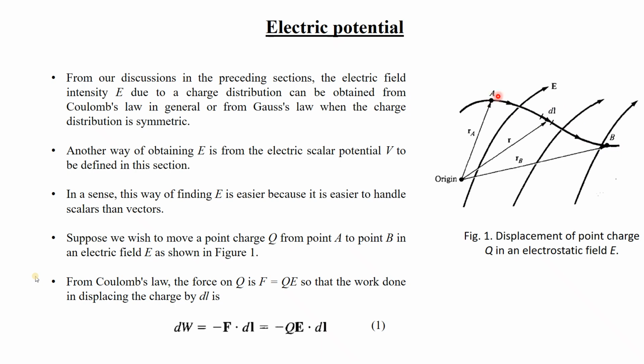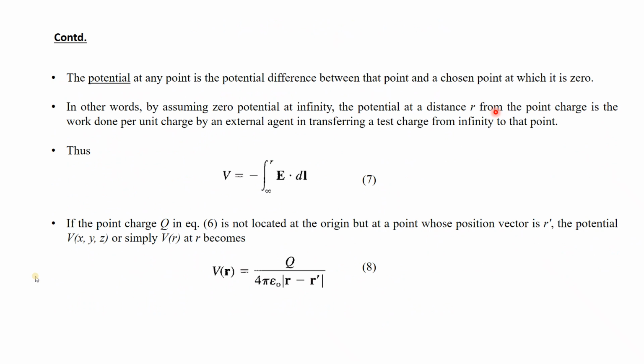So the potential difference between A and B is VA minus VB.